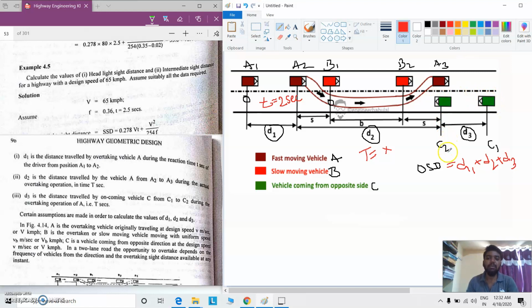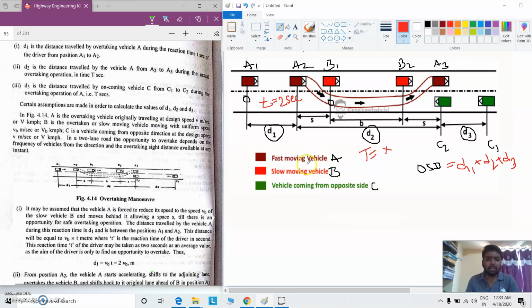That distance is considered to be d3. This operation takes the distances d1, d2, d3, and their sum gives the total overtaking sight distance.